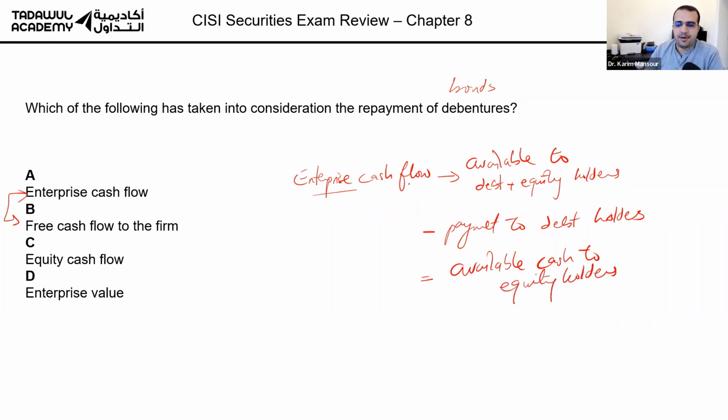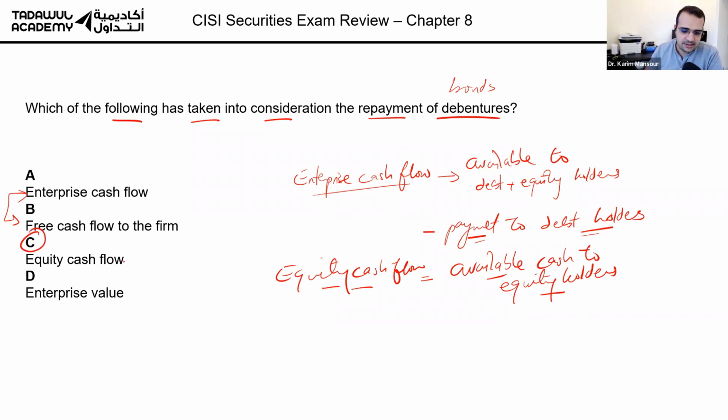So enterprise cash flow minus payments to debt holders gives you the cash available to equity holders, which we call the equity cash flow. So which of the following has taken into consideration the repayment of bonds? It's the equity cash flow. It has taken into consideration the payment to debt holders. So the answer is C.